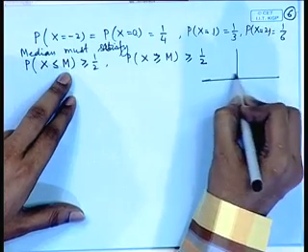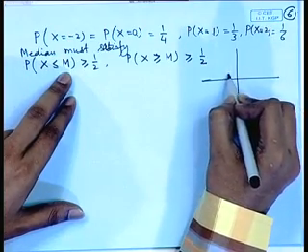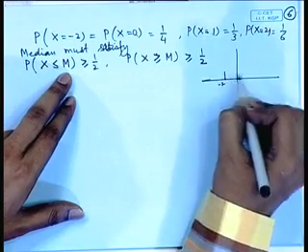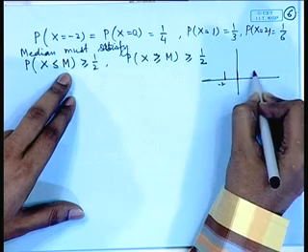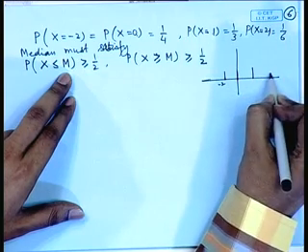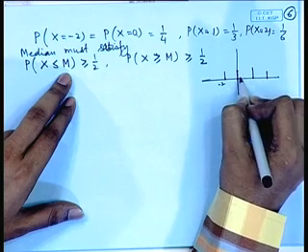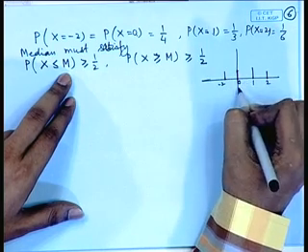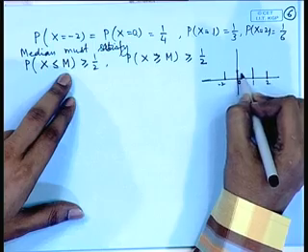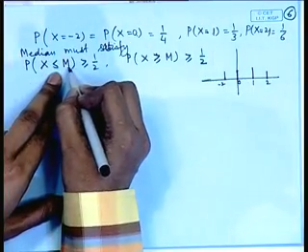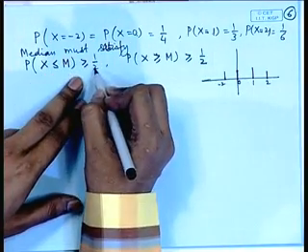If we look at -2 you have 1/4, at 0 you have 1/4, at 1 you have 1/3, and at 2 you have 1/6. So, any point after 0 will have the condition probability x less than or equal to m greater than or equal to half satisfied.